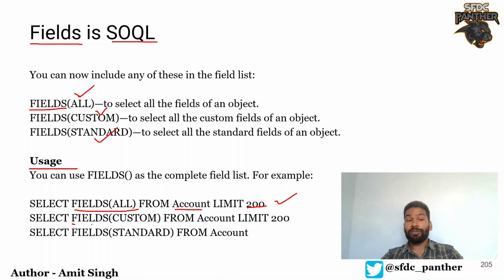Similarly, if you use fields custom, you can again return at most 200 records, and you have to put the limit explicitly. If you don't put the limit, you will get an error. And if you use fields standard, you can get all the records for that object. This is just a brief overview of the uses of the fields method.